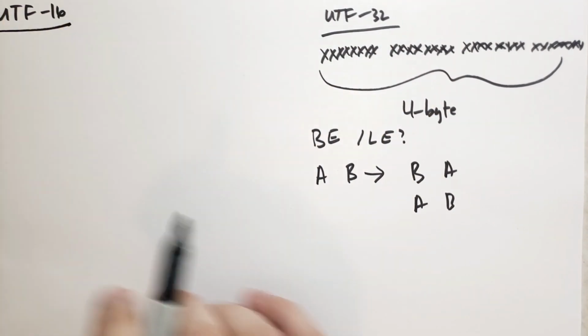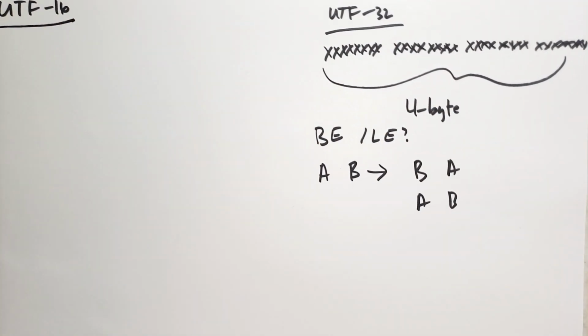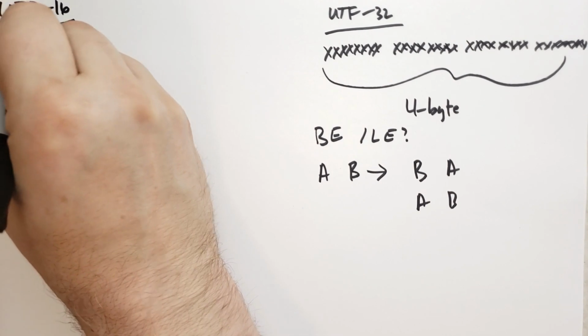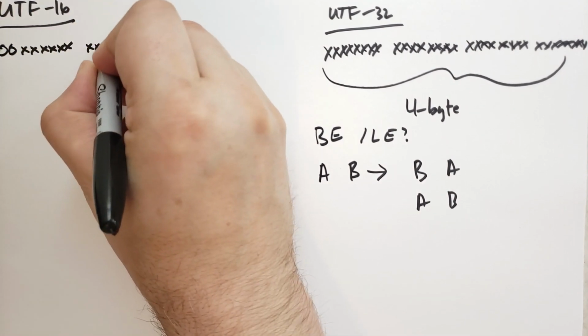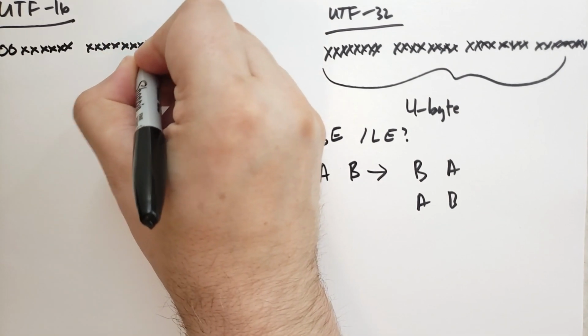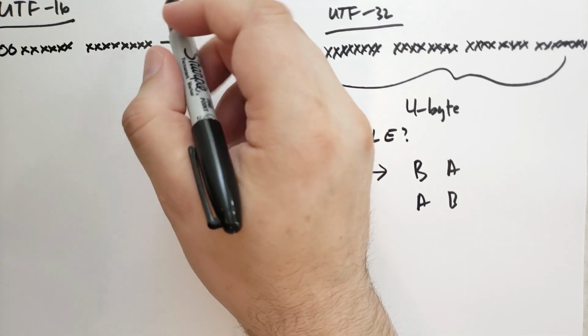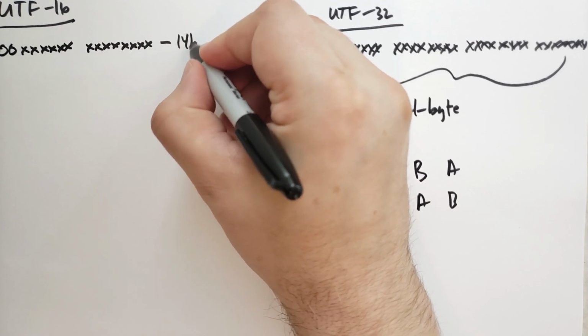Now, UTF-16 works in a similar way to UTF-8. If you have 0 0 followed by 6 bits and then 8 more, this will give you 14 bits, I think. Yeah, 14 bits.